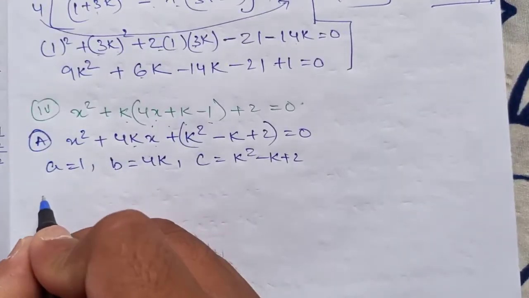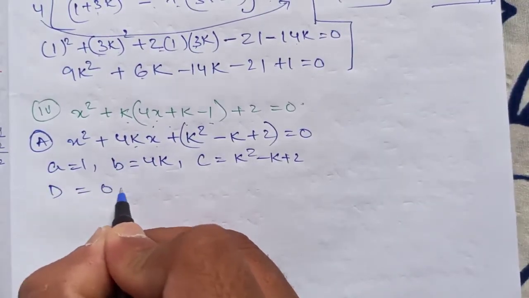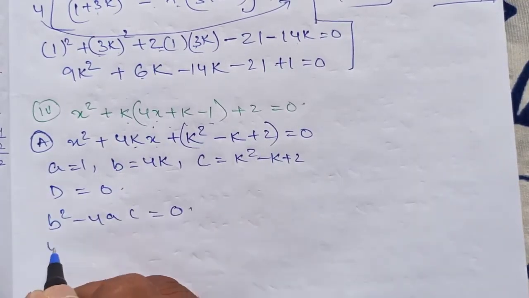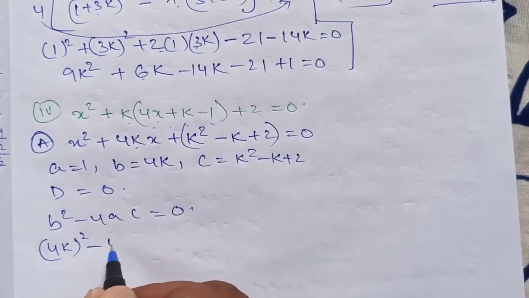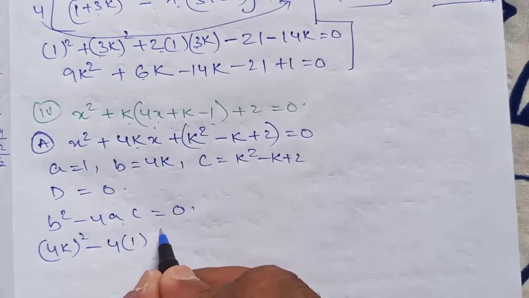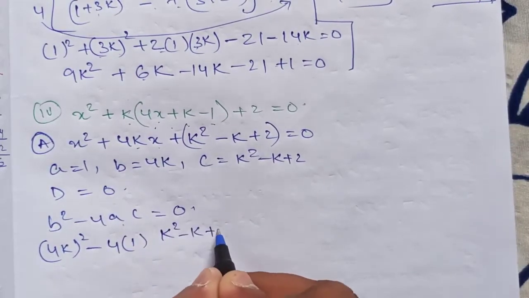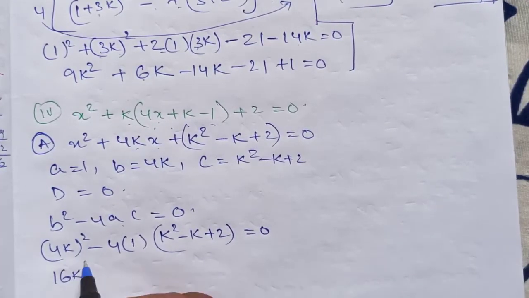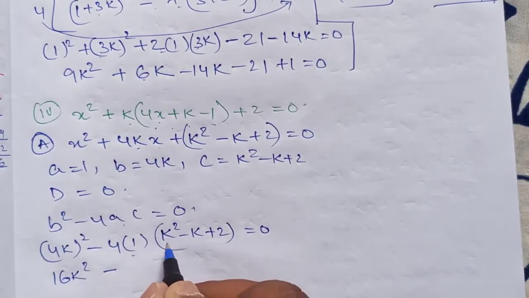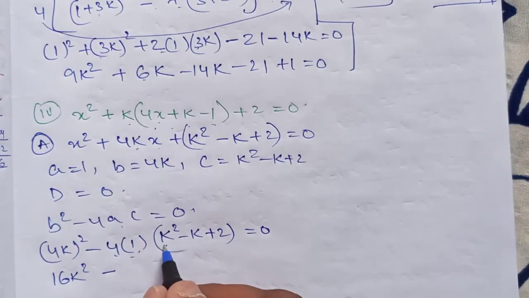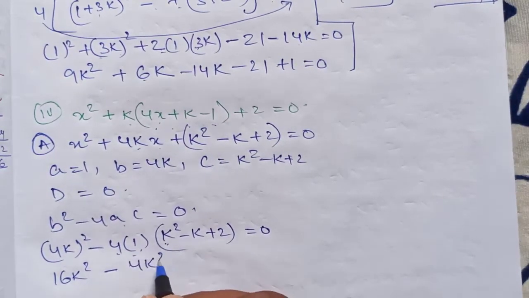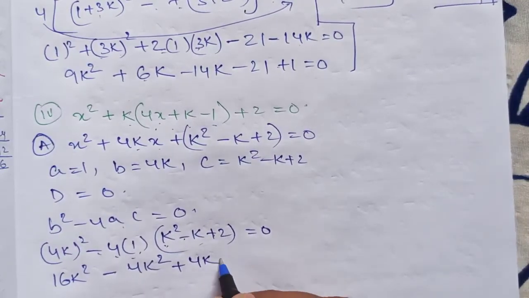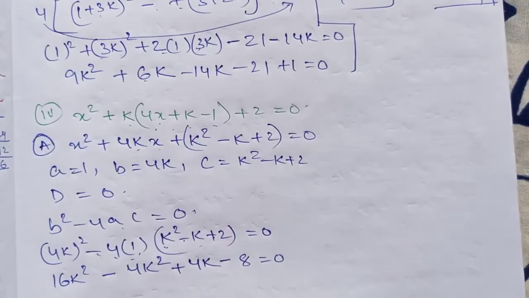Okay, so we will find out the value of k by D equals to 0, b square minus 4ac equals to 0. B is 4k square minus 4 into 1, a is 1, c is k square minus k plus 2 equals to 0. This will be 16k square minus 4 into k, 4 ones are 4, into k square is 4k square, minus minus plus 4 into k is 4k, minus plus minus 4 2s are 8 equals to 0.